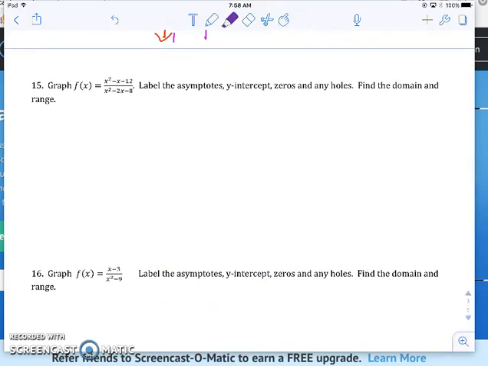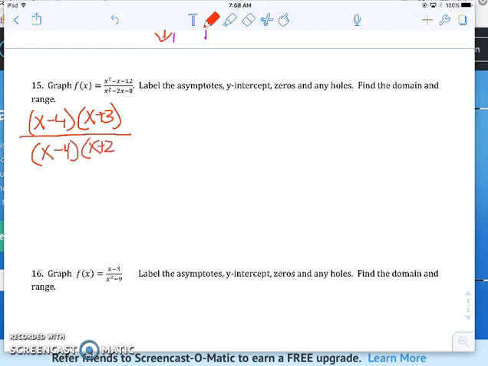So number 15, we have to graph it. So this is kind of the whole thing that we were doing at the end. So let's factor this. Whoops. So it factors into x minus 4, x plus 3, divided by x minus 4, x plus 2.